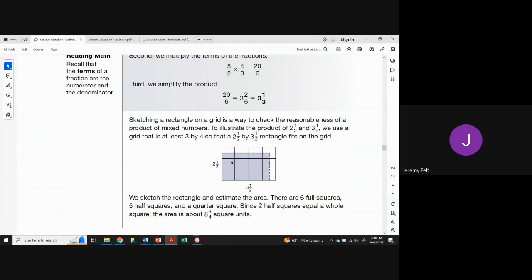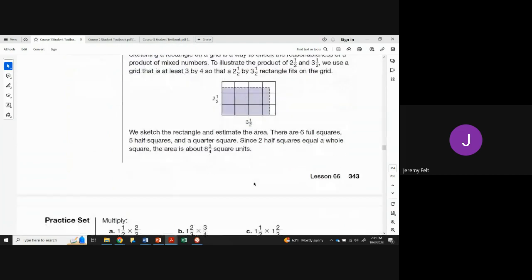If it helps you to illustrate what's going on, I think for me, just performing the math is easier than drawing it out and visualizing what's going on. But some of you seeing this may help you. 2 1/2 times 1 1/3, we multiply that, and we end up with 3 1/3.